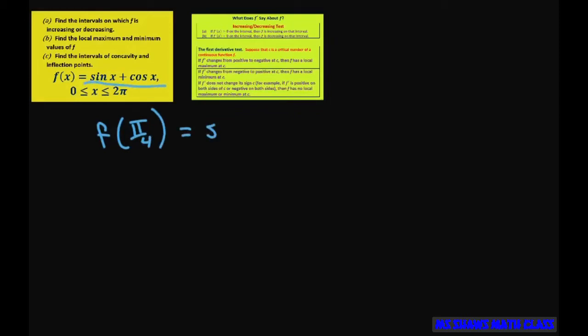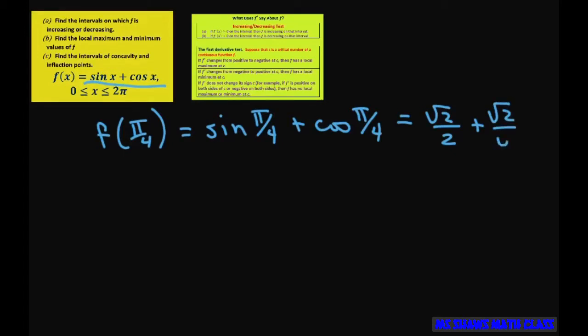That's going to be sine of pi divided by 4 plus cosine of pi divided by 4, which gives you square root of 2 divided by 2 plus square root of 2 divided by 2, and that's just going to equal square root of 2. So we have at pi divided by 4, comma, square root of 2, that's going to be a local maximum.